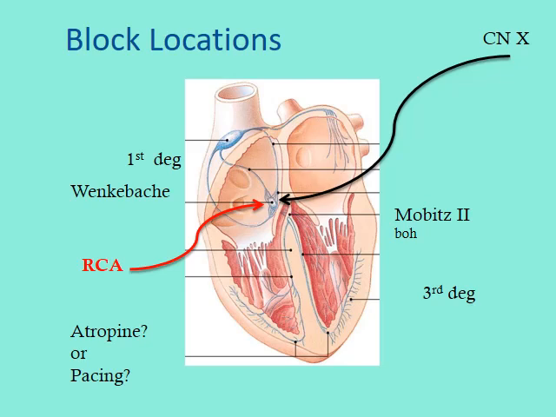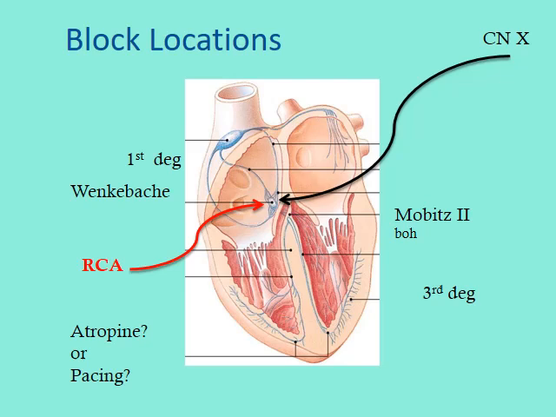All right, locations of heart blocks. Remember that your RCA, right coronary artery, sends most of the blood for the electrical system. Some comes from the left, but most comes from the right. And your 10th cranial nerve, that vagus nerve, is hooked to that AV node or AV junction.